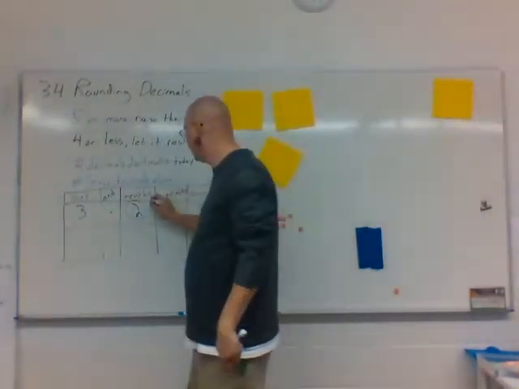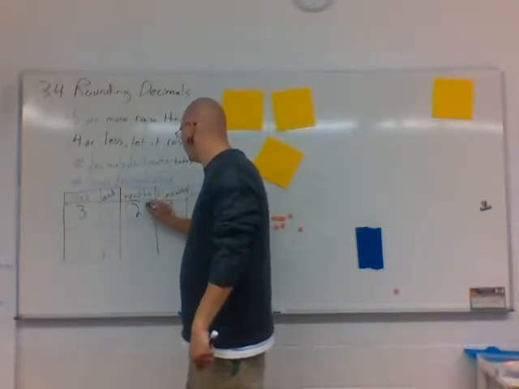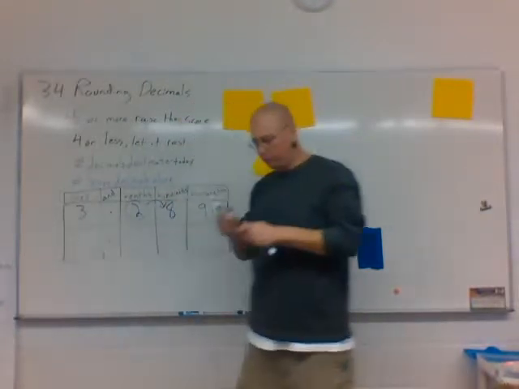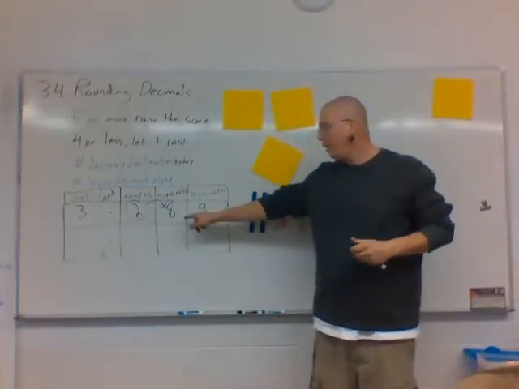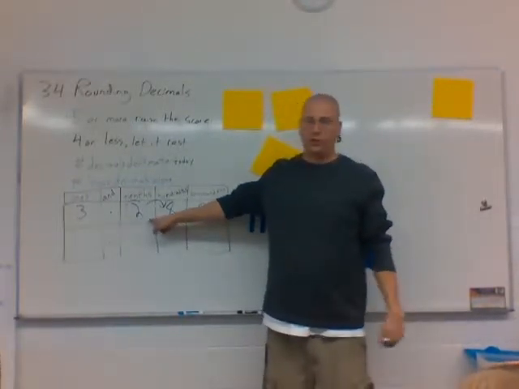Yes. So we're going to look at our 100th place, right? She says raise the score. Why? We are 8/10ths of the way to changing this to a 3 anyway.